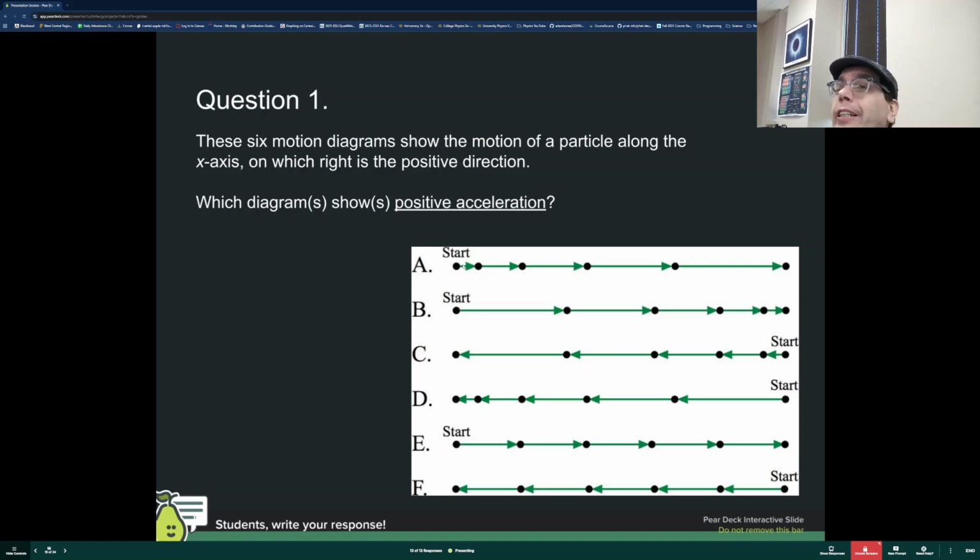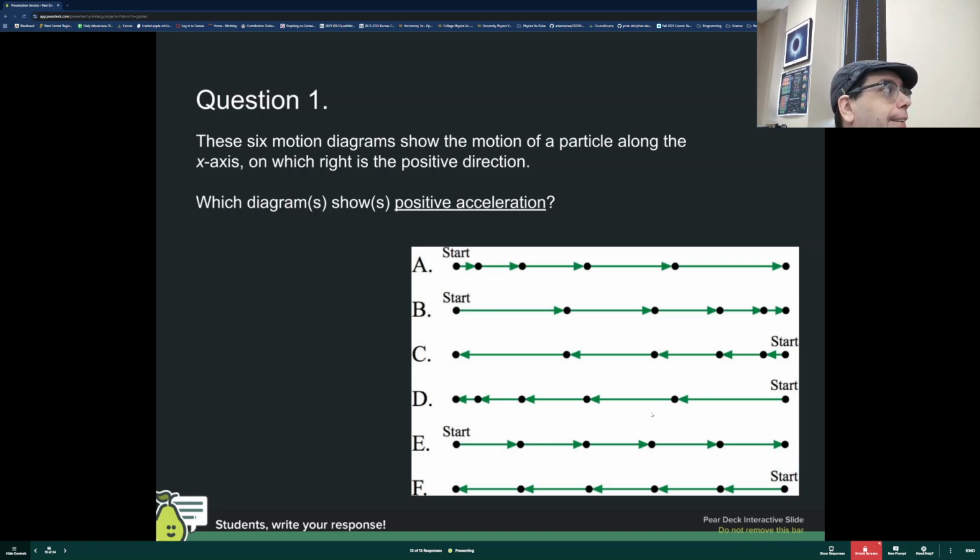Based on the direction of the arrows, are we moving in the positive direction or the negative direction? Positive direction. So we're speeding up and velocity is positive. Speeding up means acceleration and velocity have to have the same sign, so acceleration would be positive. Pretty much everyone agreed with that.